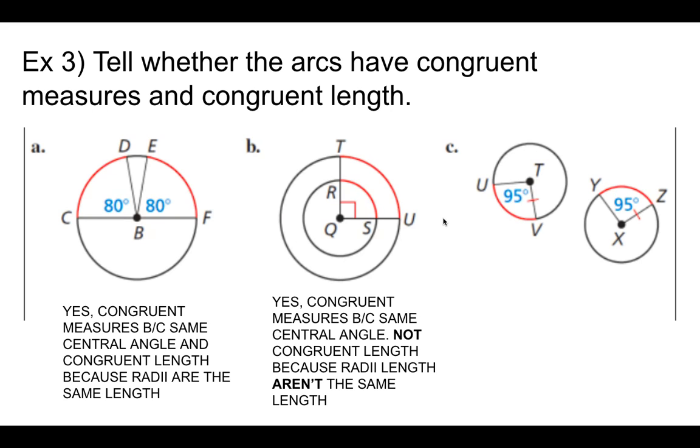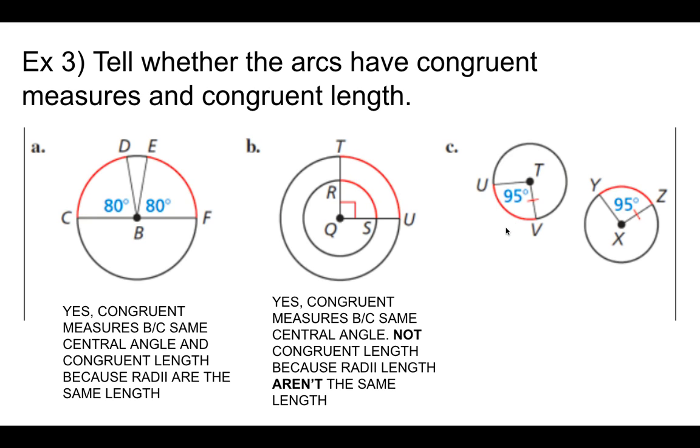Now, though they both represent 90 degrees of their respective circles, they do not have the same length because, of course, this circle with center point Q involving the arc RS is in fact smaller than the circle that uses arc TU with still the center point of Q. So although their measures of the arc would both come out to be 90 degrees, their length of the arc is going to be different because this circle has a larger radius than this circle here.